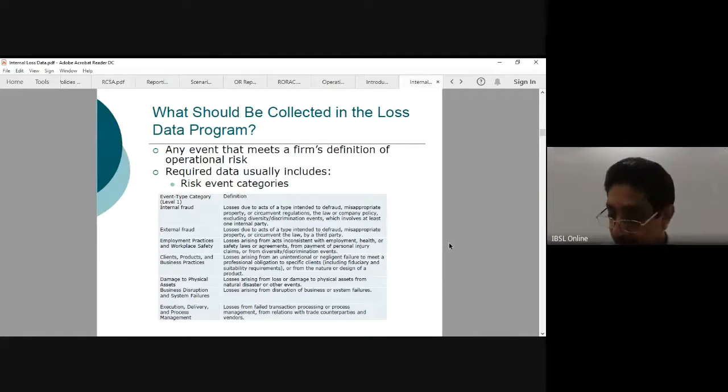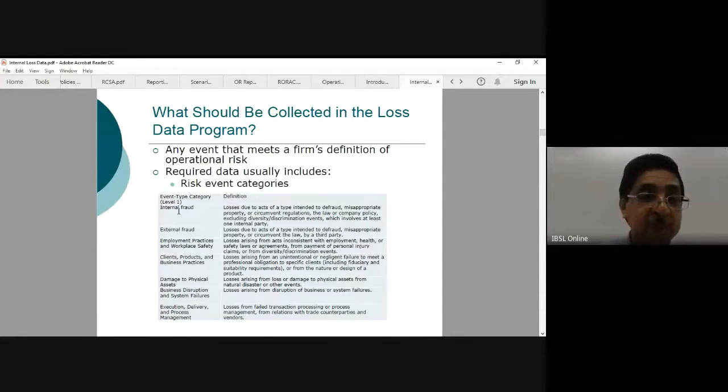If any event can be categorized under operational risk, that has to be reported and collected. Now these are the risk event types under which you have to collect data.